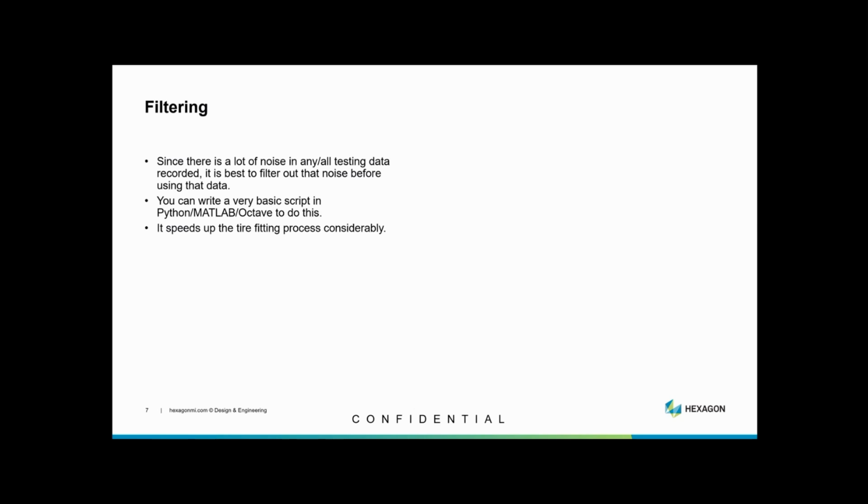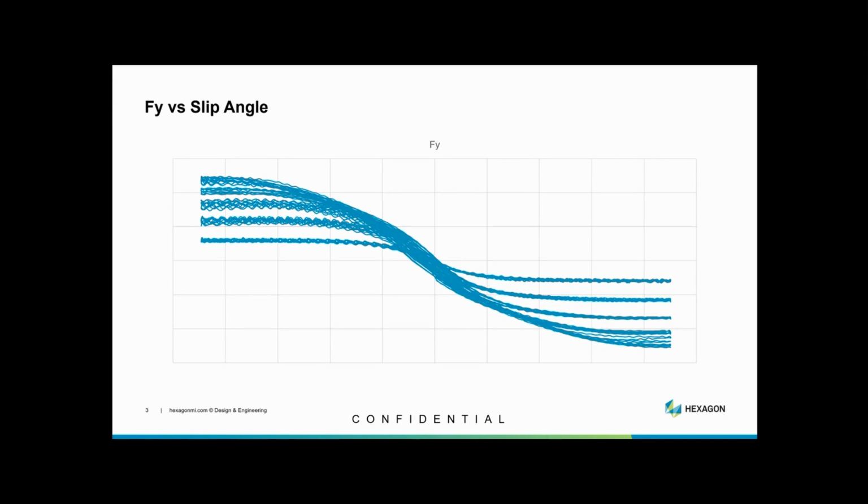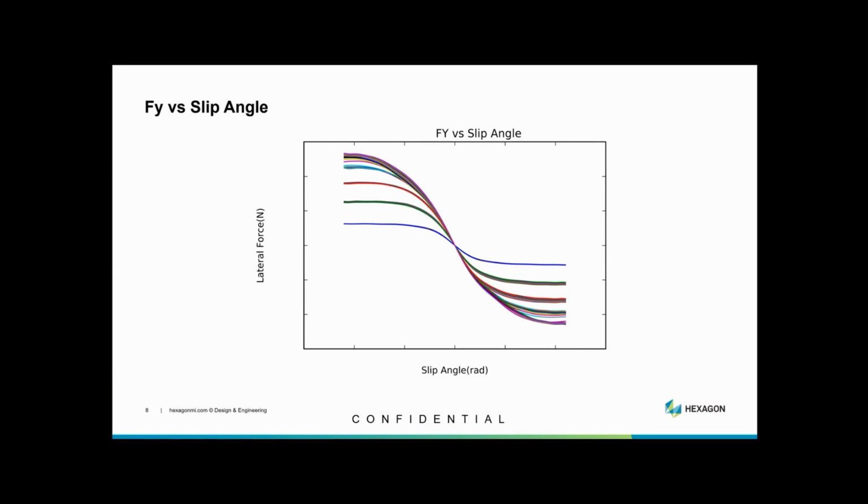One thing you can do is just go to Stack Overflow. You'll find 90% of the code there, and you just have to change it a little bit to adjust it to what you need to get out of the filtering. Once you've done it, it looks something like this. Now, if you compare this versus this, it's completely different. Fitting a curve through these lines is going to be much easier for any kind of tool.